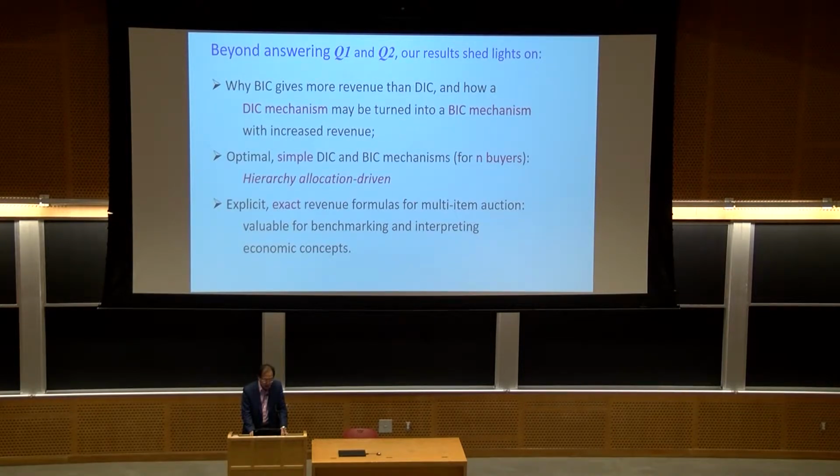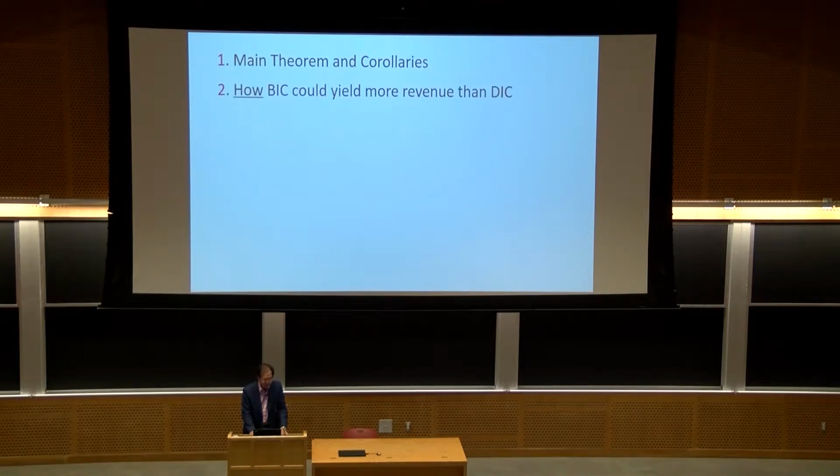And now, thirdly, by answering such questions, when we get exact revenue formulas, they are valuable to use for benchmarking and interpreting economic concepts when you want to do experiments on them. And so the outline of the talk will tell you what the main theorem is and some consequences of the main theorem, and they are quite interesting.